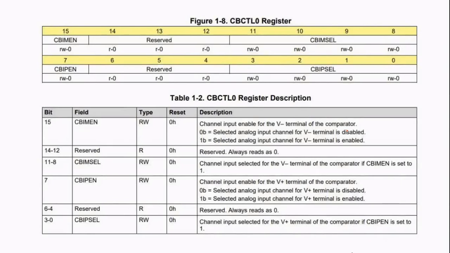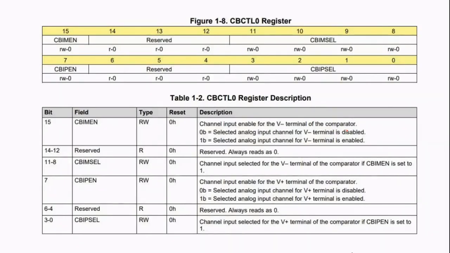If you want to use watchdog timers, you have to use the watchdog timer control registers. So for every component you want to use, you have to use the respective control registers so that you can configure any type of timers, comparators, ADC, whatever.